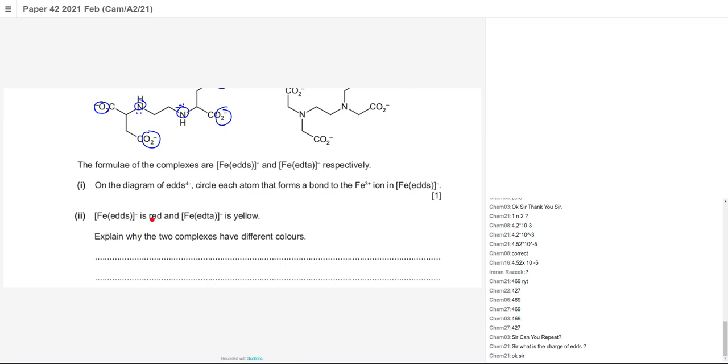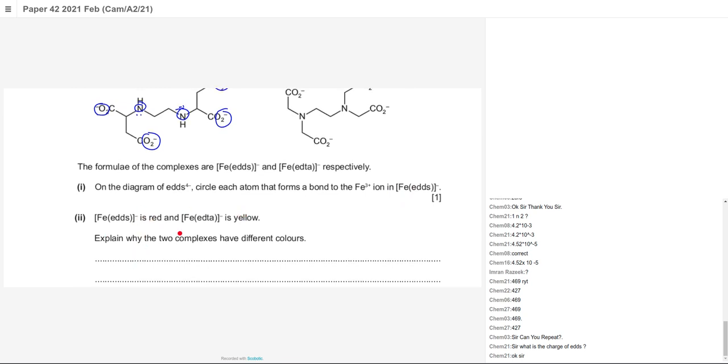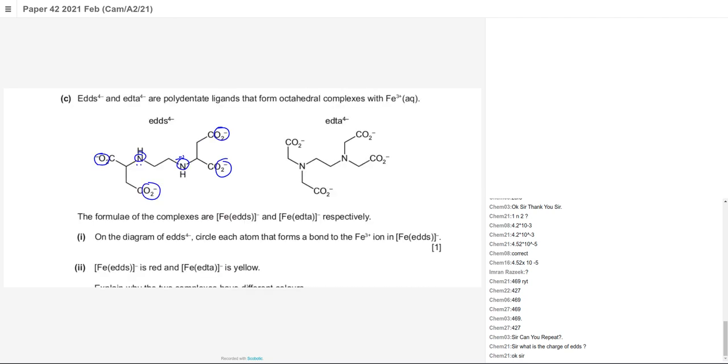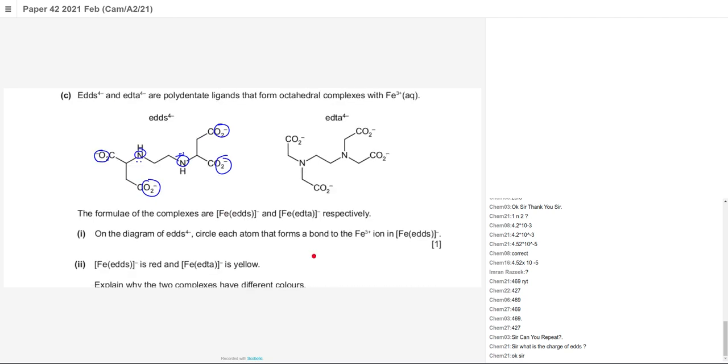This is red and this is yellow. Explain why the two complexes have different colors. Because if the ligands differ, the extent to which the d-d splitting occurs will differ. That is why they absorb different energies for the d-d transition. As a result, different complementary colors are seen.